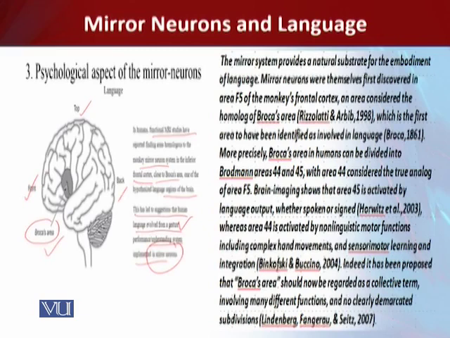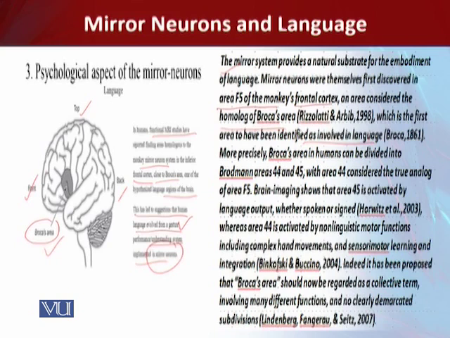I have this excerpt for you, which states that a mirror system provides a natural substrate for the embodiment of language. Mirror neurons were themselves first discovered in area F5 of the monkey's frontal cortex, an area considered the homologue of Broca's area, which is the first area to have been identified as involved in language.